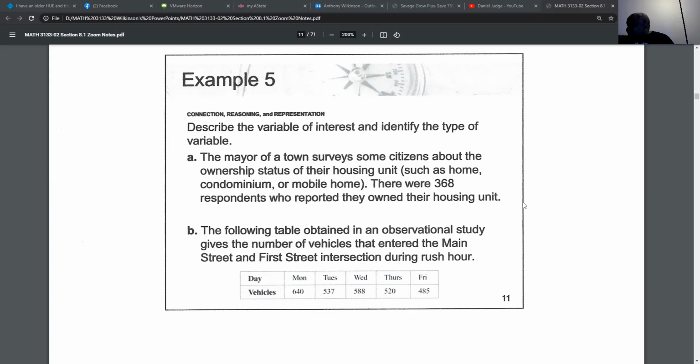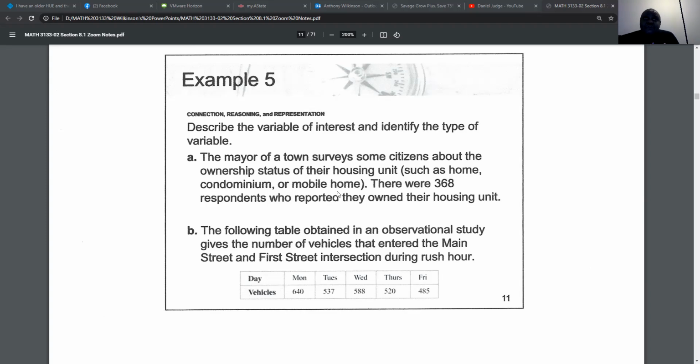And the reason for that is, this mayor was looking for the ownership status of that housing unit. And those are the categories, either a home, condominium, or mobile home.